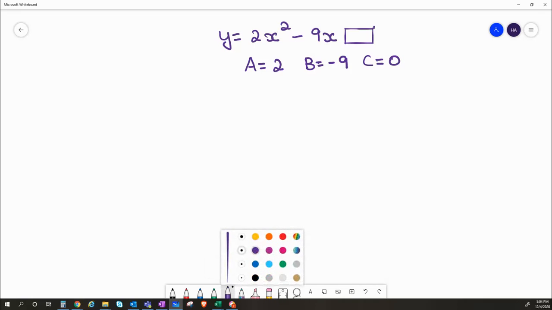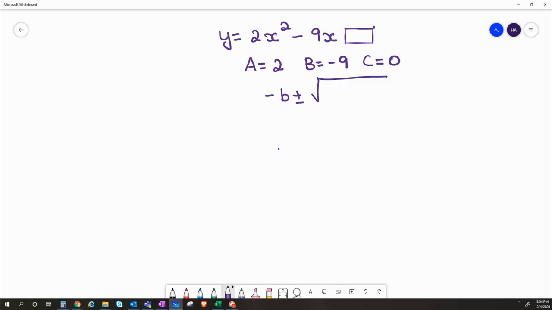So now you would just have to use the quadratic formula: negative b plus or minus the square root of b squared minus 4ac, over 2a. You have to input the number, which is negative, in brackets, negative 9. As I told you, using brackets makes life easier.